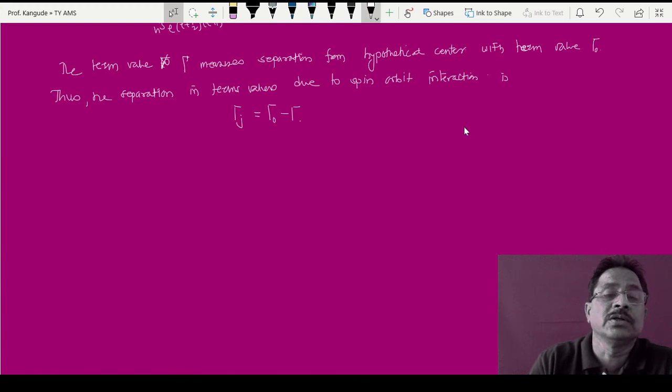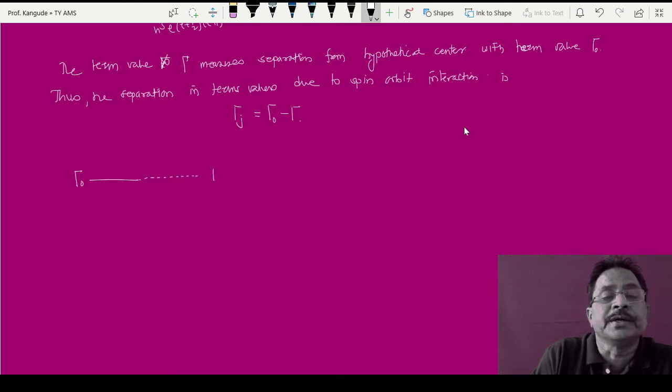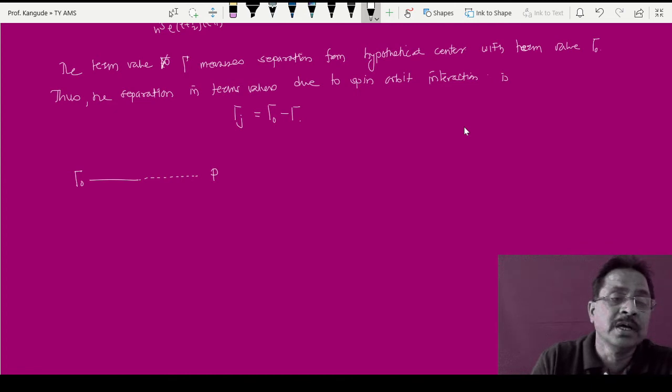Here I can draw this as, this is my gamma 0. So this is your actual P state. P means S, P, D, that is, L equal to 1 state is there. Because of this spin orbit interaction, these states get split.